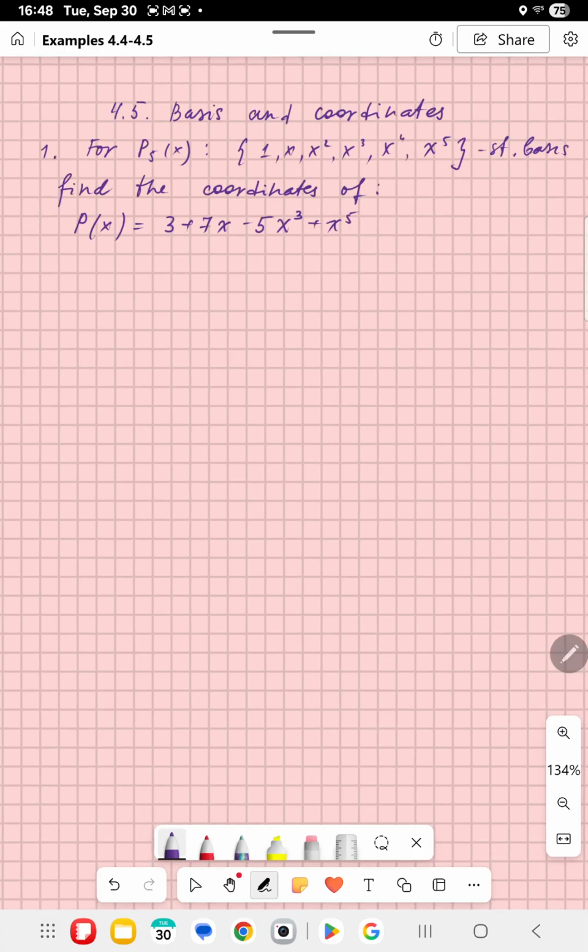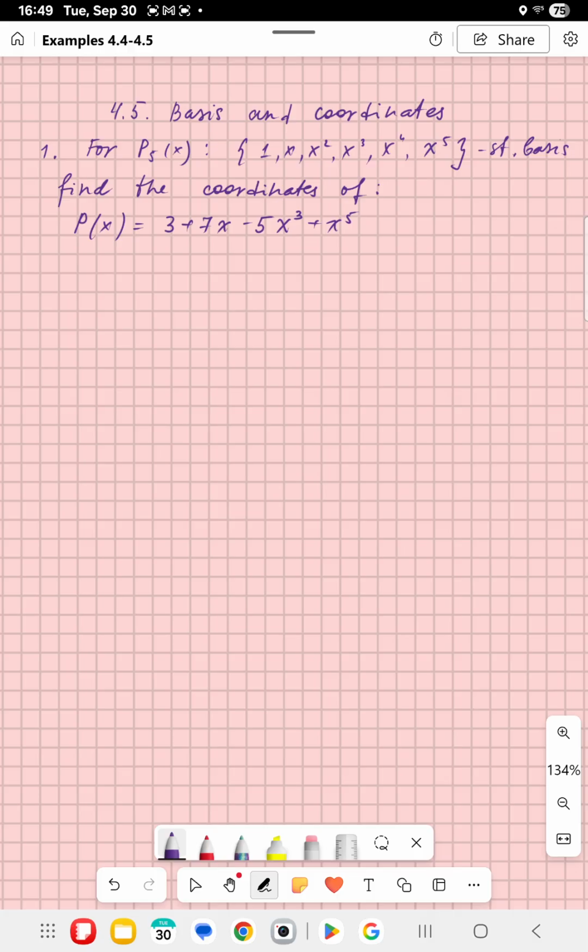Okay, guys, in section 4.5, we are going to talk about bases and the coordinates. You probably already heard that a set is going to be called a basis if it's a set of linearly independent vectors and it spans the space it belongs to.